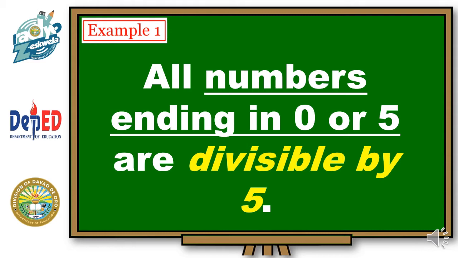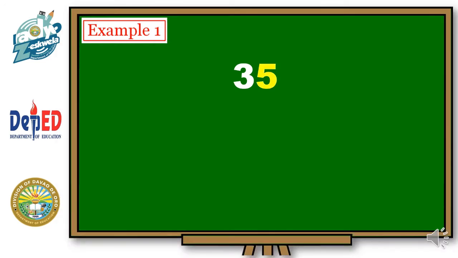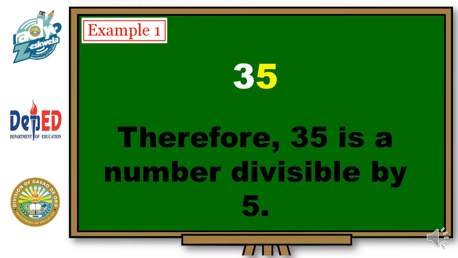Example 1. All numbers ending in 0 or 5 are divisible by 5. Number 35 is a number that ends with 5. Therefore, 35 is a number divisible by 5 since it ends with 5.